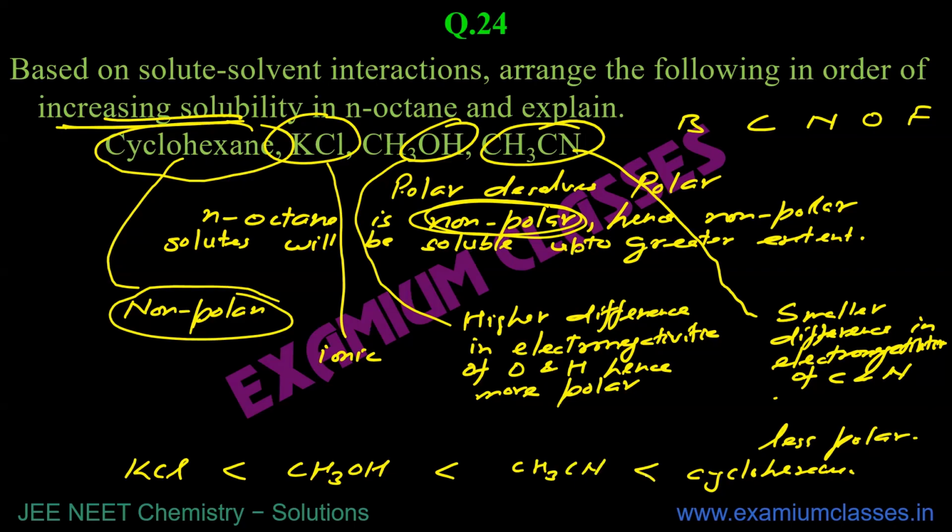So the condition you need to remember: n-octane is non-polar, hence non-polar solutes will be more soluble. So this is non-polar, this is less polar, this is more polar, and this is so highly polar that it is ionic.